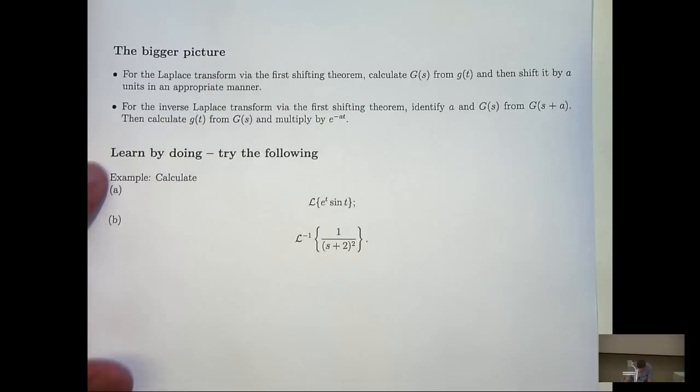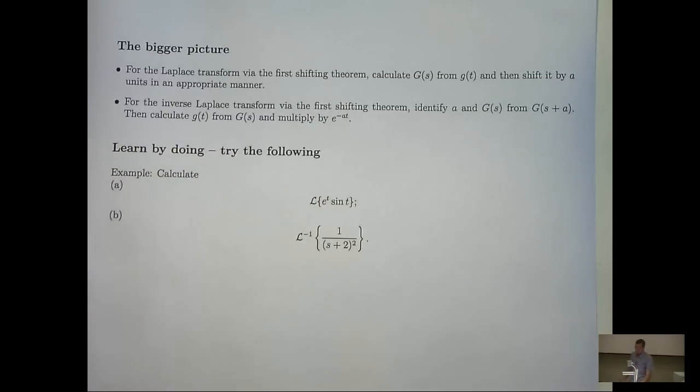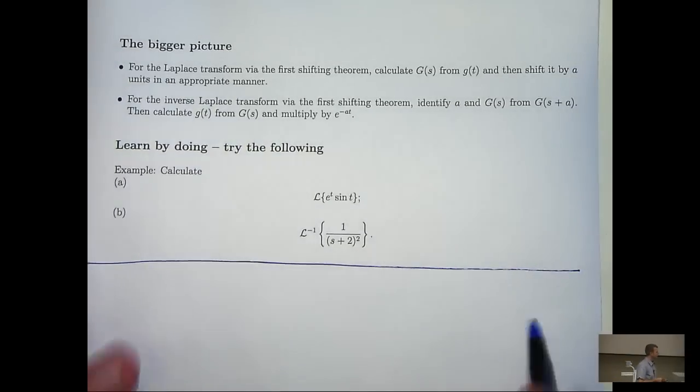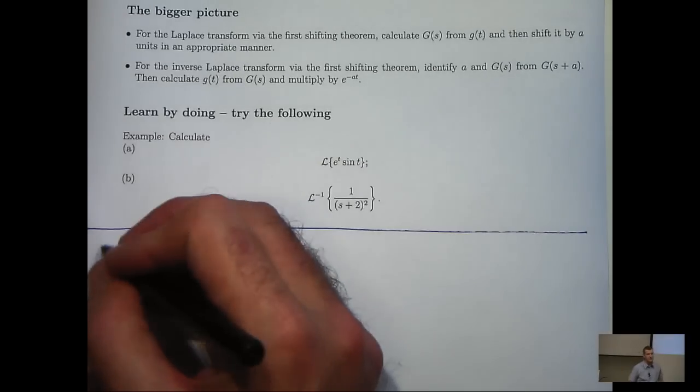Here are some examples that I'm going to leave you with to work on. They're very similar to the example that I just solved, but what I'm going to do quickly is show you the proof of the first shifting theorem.